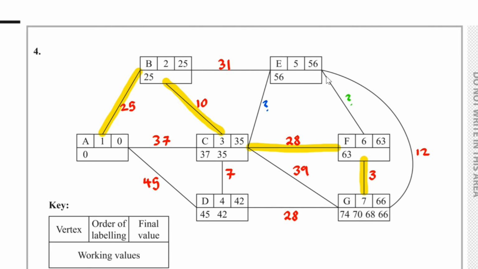I'm definitely going to go E to F. What's the shortest way that I can get this 56? Well, to get this 56, I did 25 plus 31. So that means I must have gone through B, and here I must go through A because the shortest path from A to B is 25. It's the only way I can get the 25.